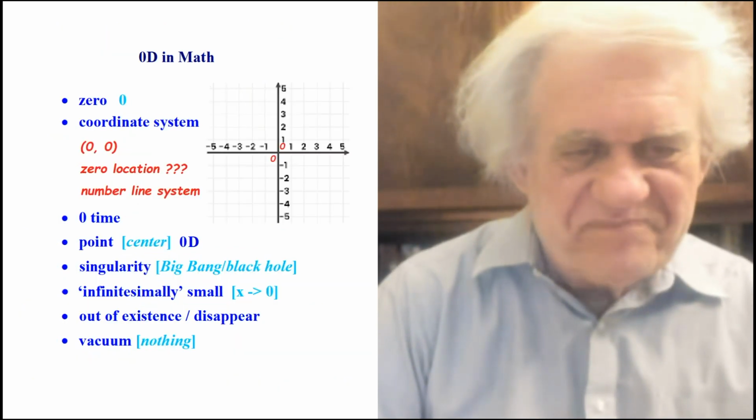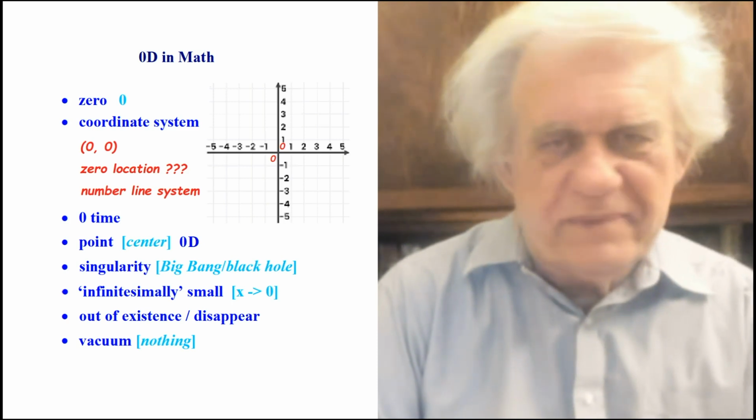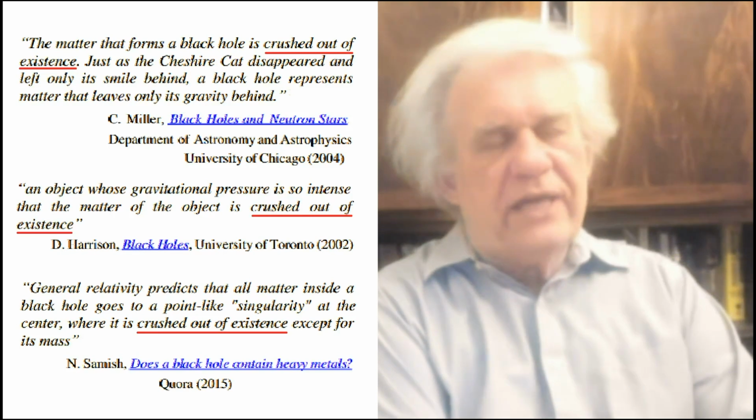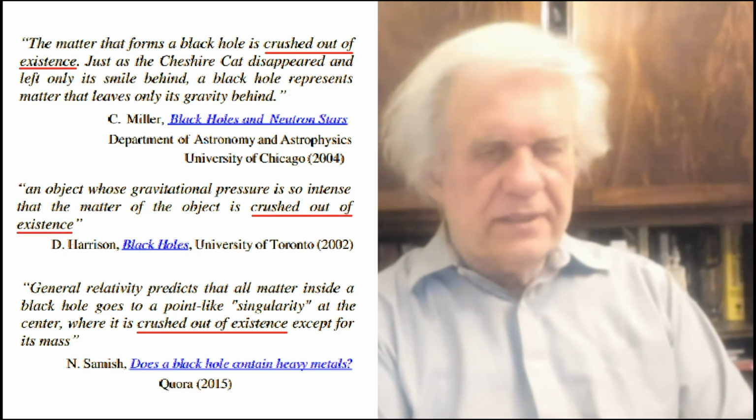Just in case other people rub it in from a different point of view but say the same thing in different words, they say that a black hole crushes all matter out of existence. There you have 3 references. You can look them up.